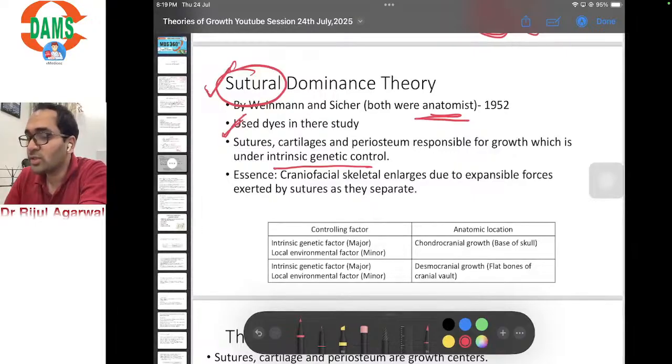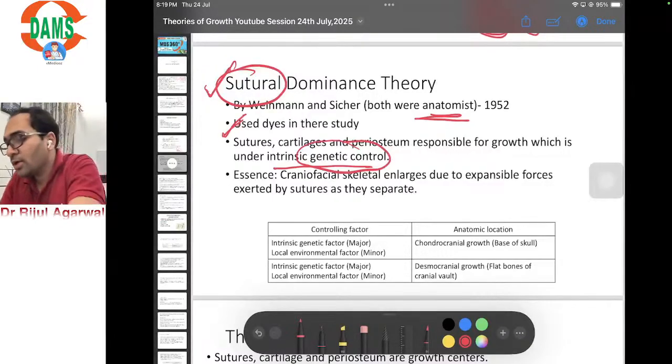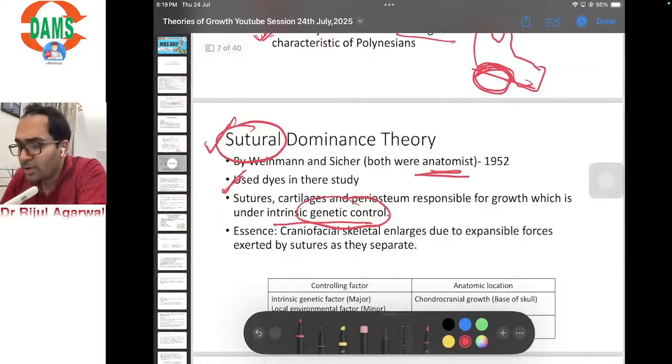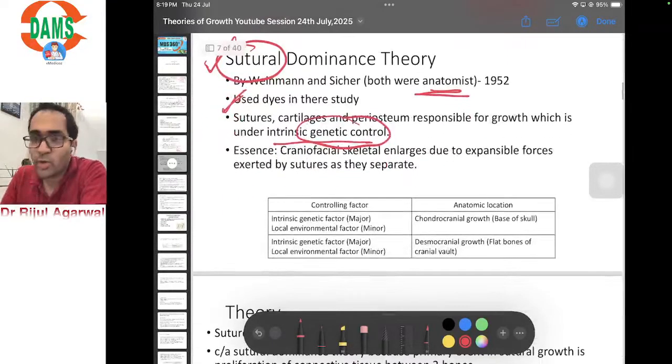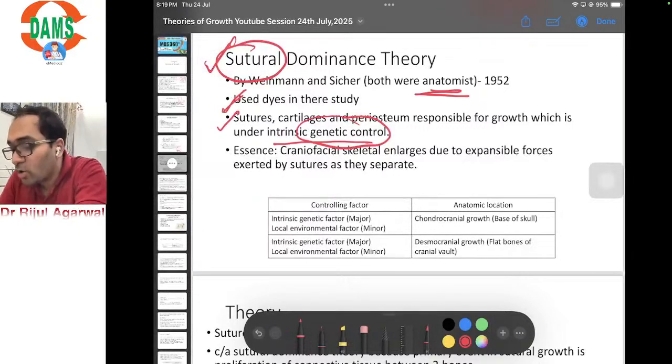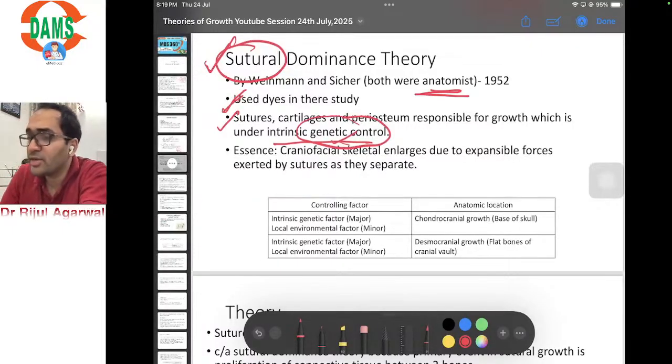This theory also says that sutures are responsible, but the growth at the sutures is under genes only, that is genetic control. Okay, so earlier it was 100% dependent on genes. Now in sutural dominance theory, they say that growth is occurring through sutures, correct, but the growth of the sutures is through the intrinsic genes present which is responsible for their growth.